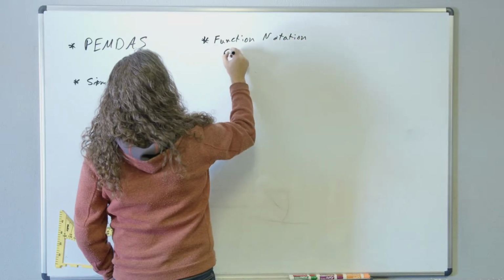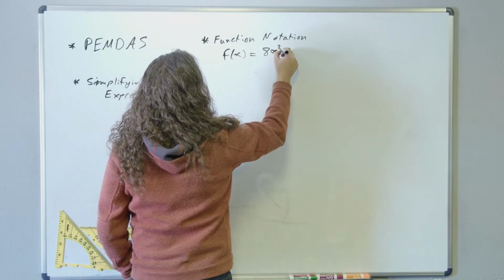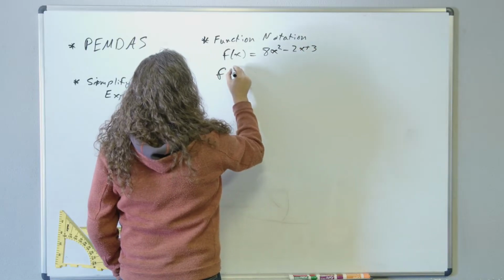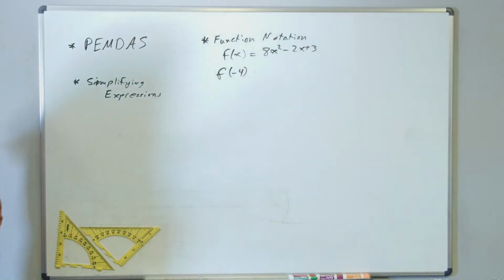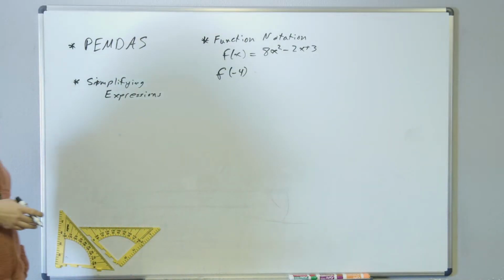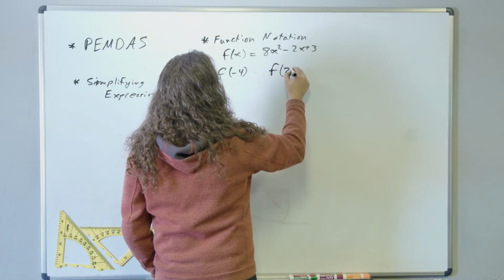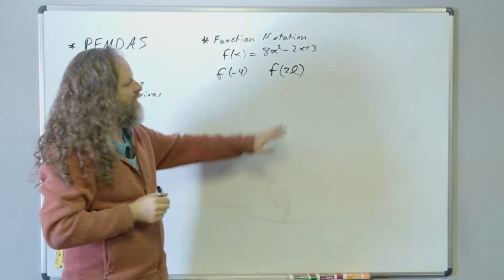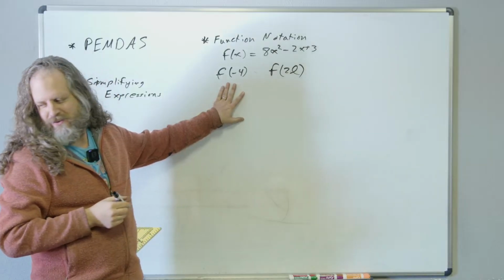Stuff where it has f of x equals 8x squared minus 2x plus 3, and you're supposed to find f of negative 4, right? Stuff like that. Might even have some where you're supposed to find f of 2L, right? These ones will have letters in the final answer. These ones won't, right? Because these are numbers.